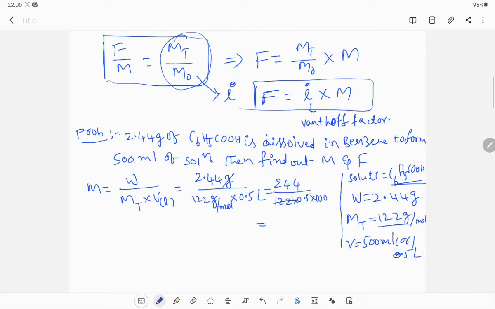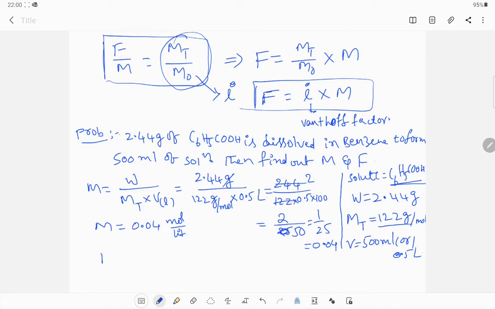Then 244 by 122 is 2. 2 divided by 0.5 into 100, how much? 50. So 1 by 25, then the answer is 0.04 mole per liter. So molarity equals 0.04 mole per liter.